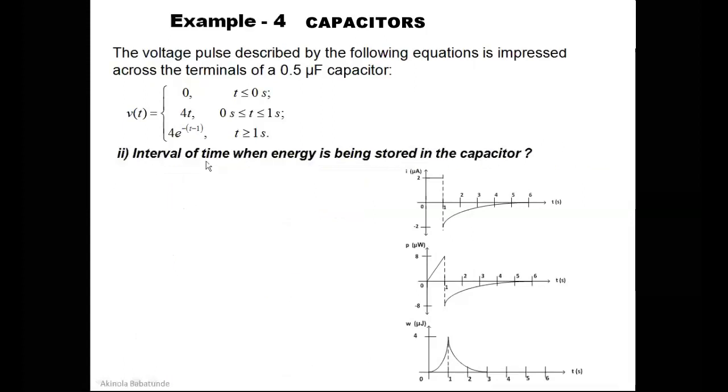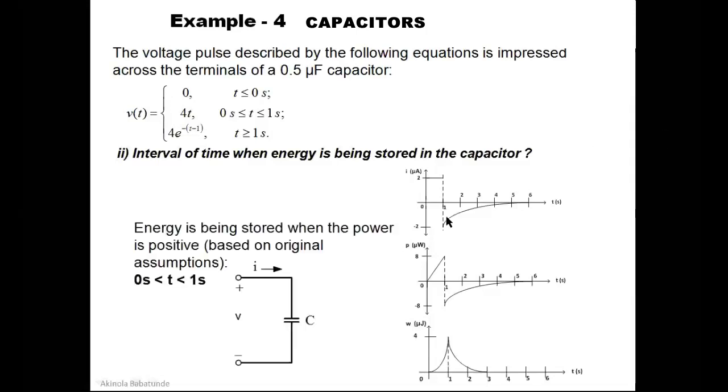Find the interval of time when energy is being stored in the capacitor. So energy is being stored when the power is positive. We mentioned this in one of the slides when we were talking in previous classes. Energy is stored when the power is positive, based on all the discussions we've had in the original assumption.